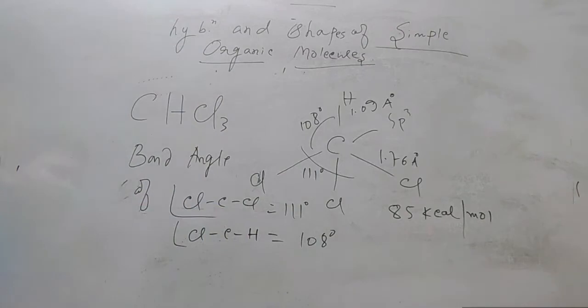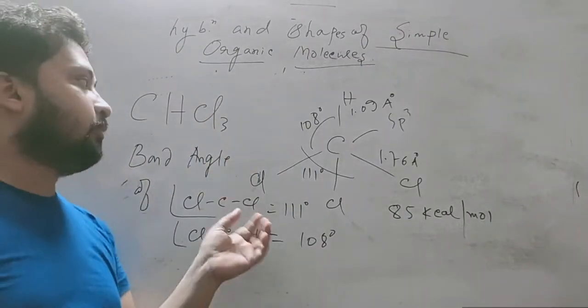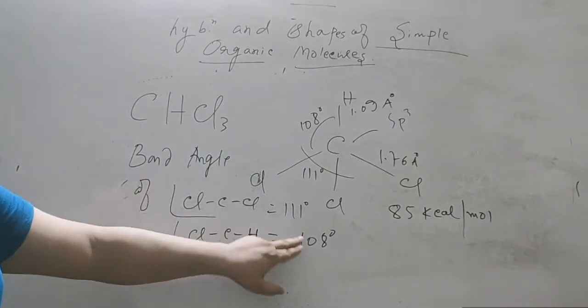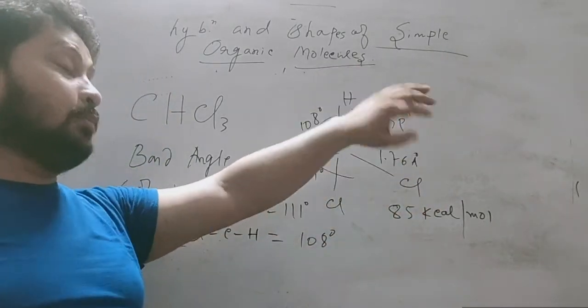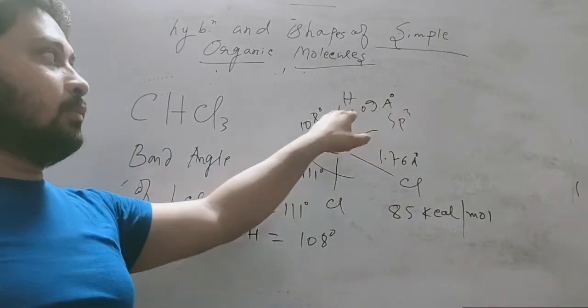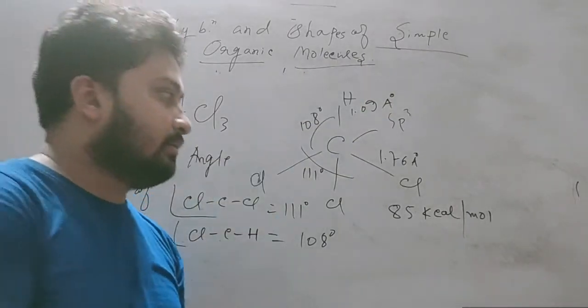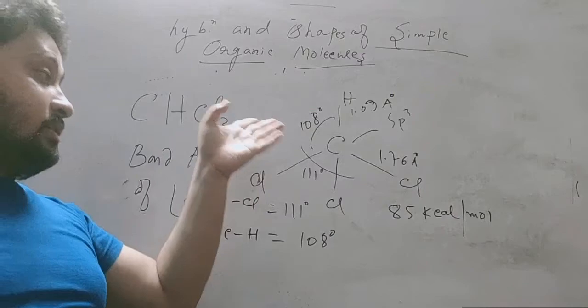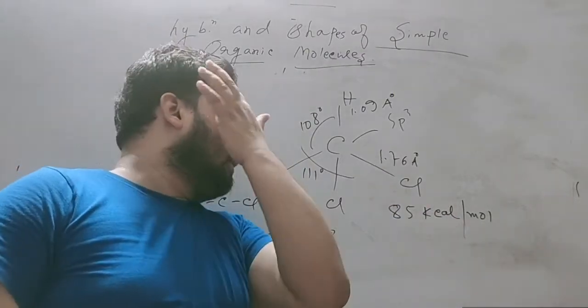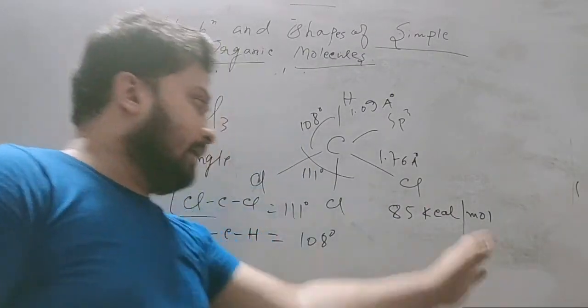This is the information for CHCl3: the bond angles 111 or 108, the bond lengths 1.76 angstrom or 1.09 angstrom, and to break 1 mole of CHCl3 you require 85 kilocalorie energy.